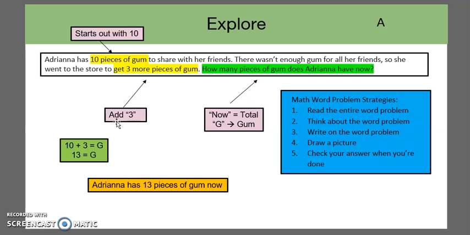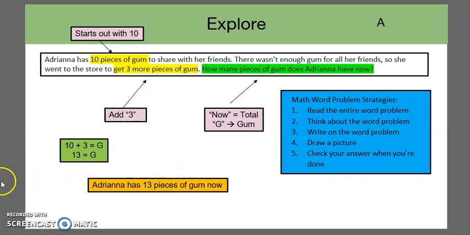We could set this up with 10 plus 3. I also use the letter G, so G equals gum. This tells us that we need to find what G is equal to. 10 plus 3 equals 13. 13 equals G. Adriana has 13 pieces of gum now.